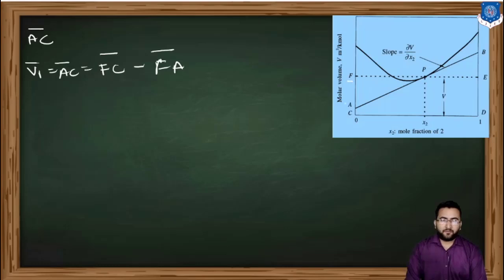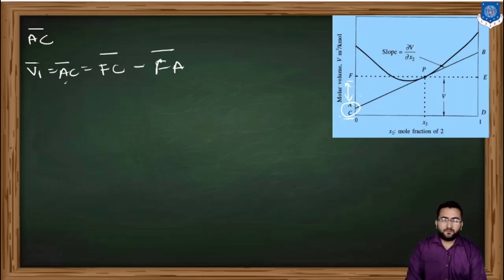So from line FC minus FA, we will get the value of AC. The total line FC is equal to FA plus AC, so line AC is equal to FC minus FA.